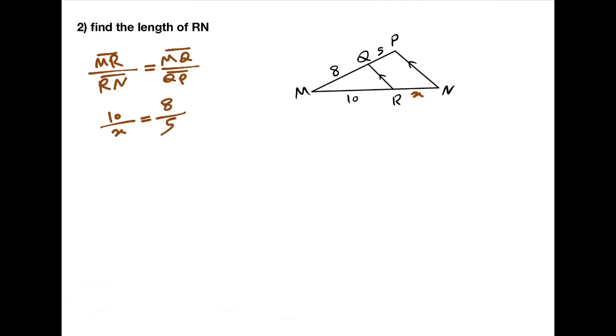So now just cross product. So 8x is equal to 10 times 5, which is 50. So x becomes 50 divided by 8, which is the same thing as 25 over 4. And that's the value of RN.